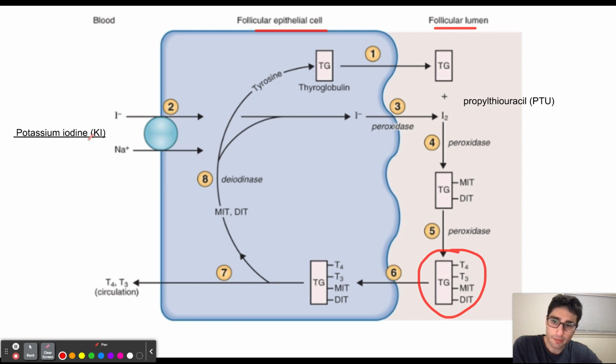And once the thyroid gland receives that signal from the anterior pituitary, we can then transport this iodinated thyroglobulin from the lumen into the epithelial cell. But until that occurs, the iodinated thyroglobulin is going to be stored in the lumen as colloid. And we will also be able to see this histologically.